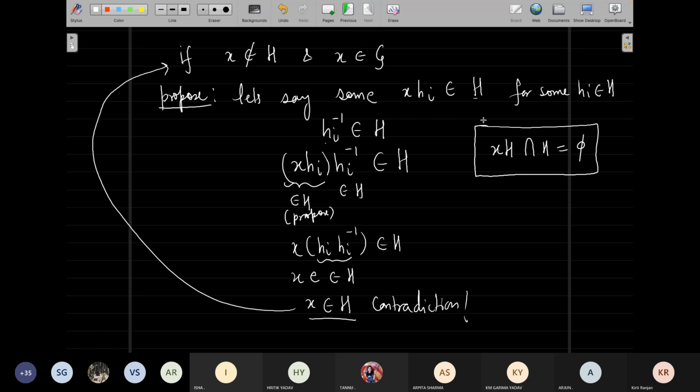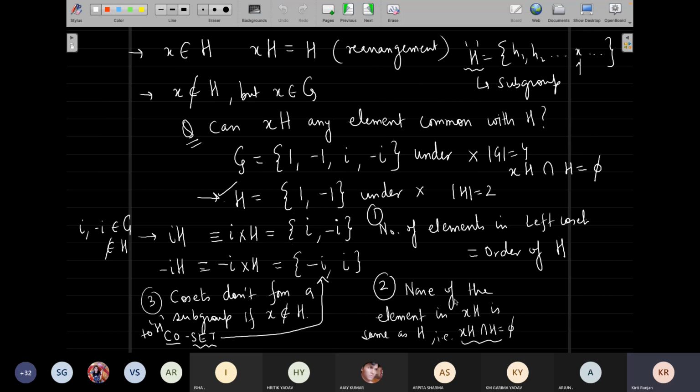So please explain it again, sir. Yeah, okay. See, what do we want to prove? We wanted to prove point 2: none of the elements in XH is the same as in H. For example, 1 and -1 were there. So none of the elements of any coset which you build can be 1 or -1. This is what we want to prove.